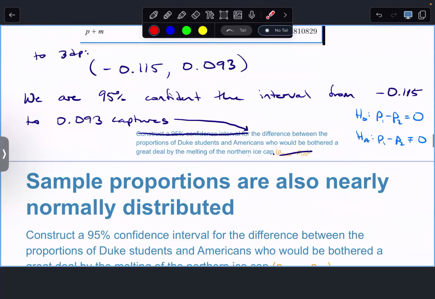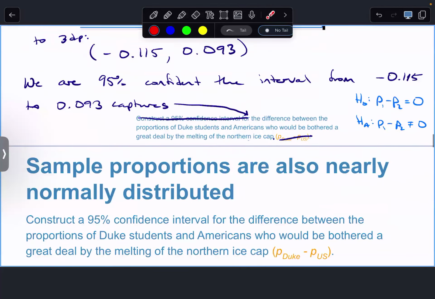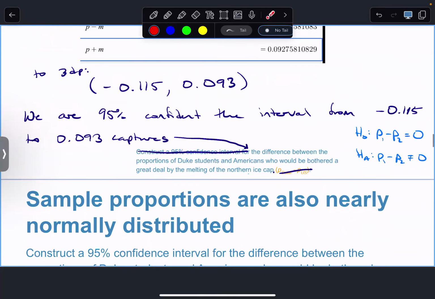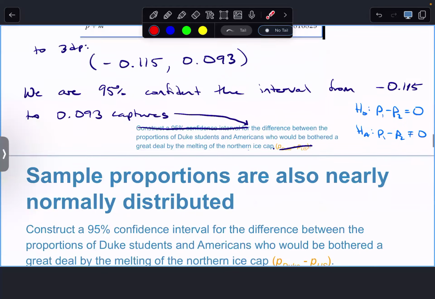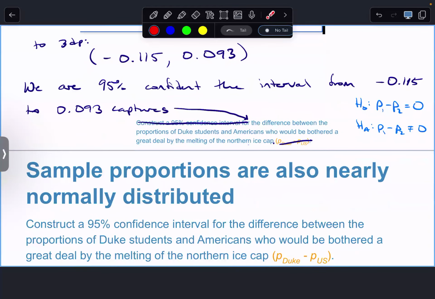I've run out of room and I kind of want to keep going, but I did include a question on lab 8, kind of guiding you through how that works, right? Using a confidence interval to informally test a hypothesis.